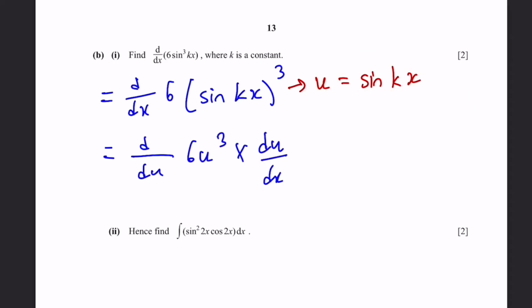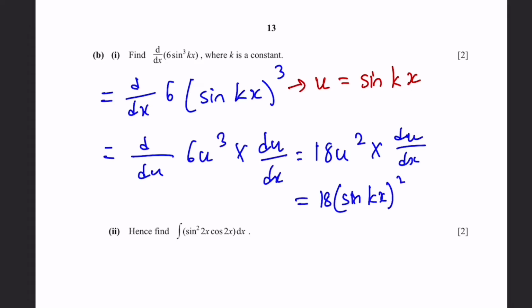So we can write this derivative as 18u squared times du by dx. And this is simply 18 times sine of kx squared times k times cosine of kx.